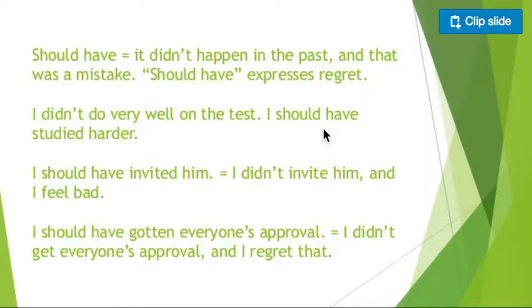Or things that were a mistake: I should have invited him, but you didn't invite that person and you feel bad about it. That is a mistake that you refer to in the past. I should have gotten everyone's approval. The fact is you didn't, and you regret that. So should have is used to talk about regrets and also mistakes in the past.